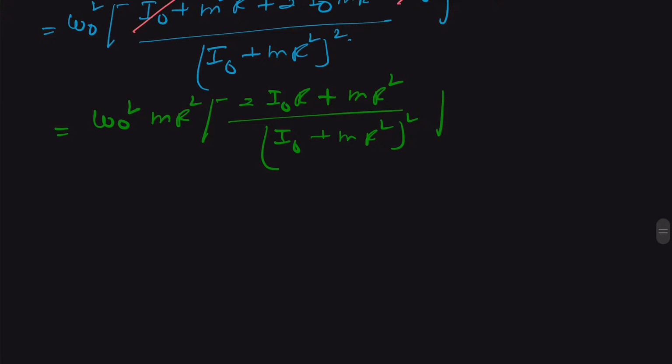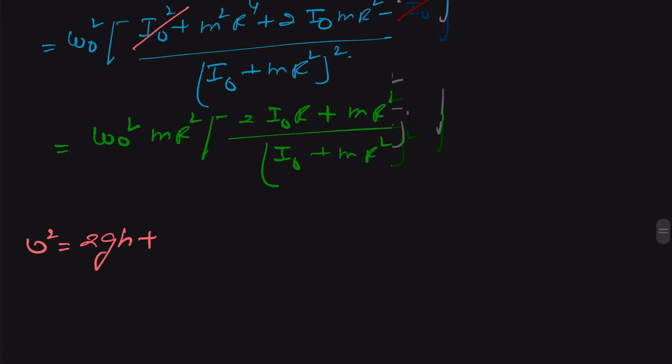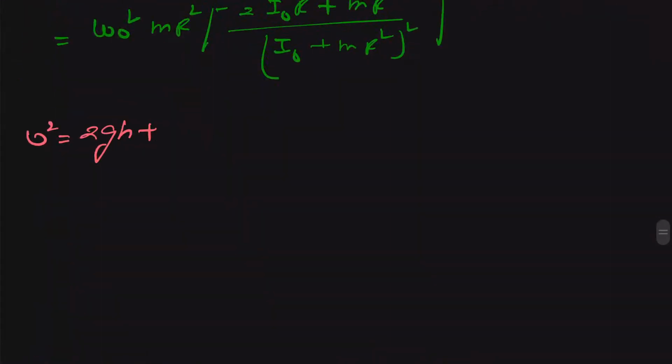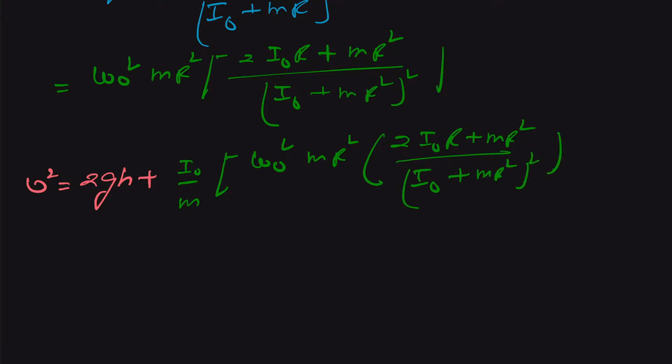So we get that our v square will be equal to 2gh plus I naught upon m times omega naught square m r square and twice I naught plus m r square over I naught plus m r square whole square.